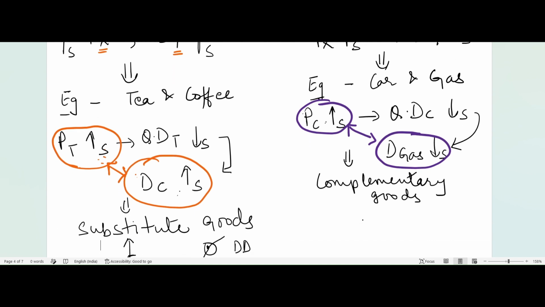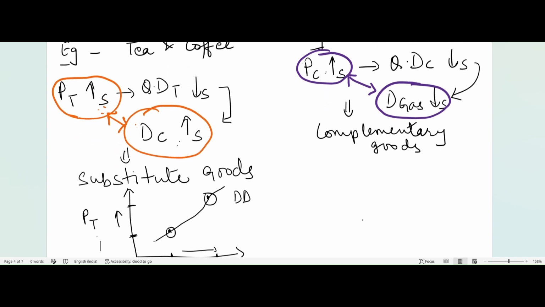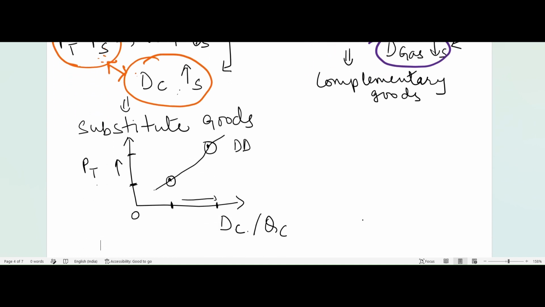Complementary goods could be your pen and ink refills, or your laptop and software. They go hand in hand. Now in this case, what will the graph be?